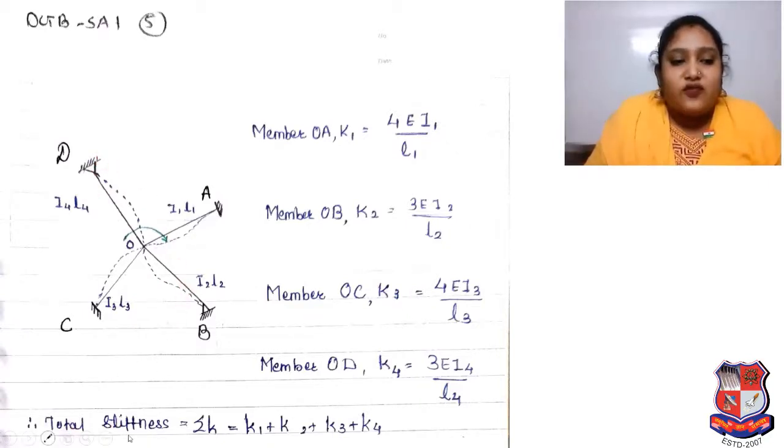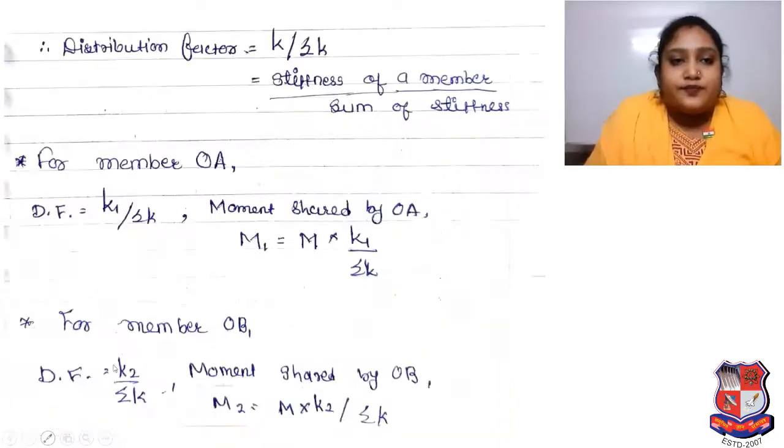So the total stiffness will be the summation of all the stiffnesses: sigma K is equal to K1 plus K2 plus K3 plus K4.